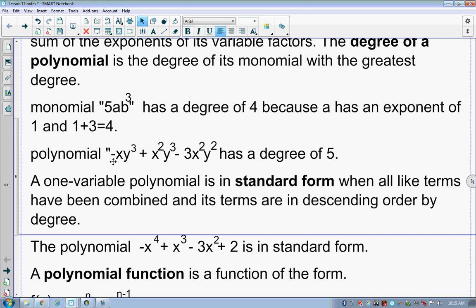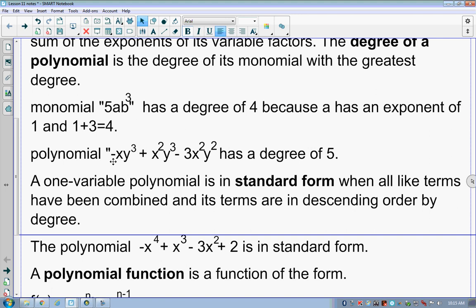So when something is in standard form, my exponents will be in descending order from greatest to least. Just like on a quadratic equation, you see x squared plus or minus something x plus or minus a constant.